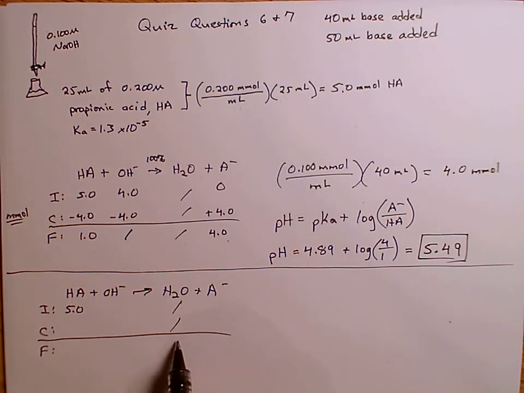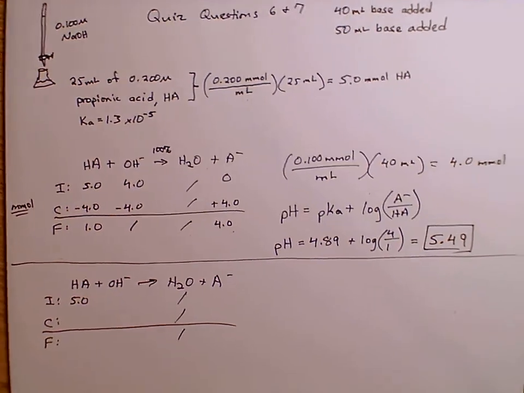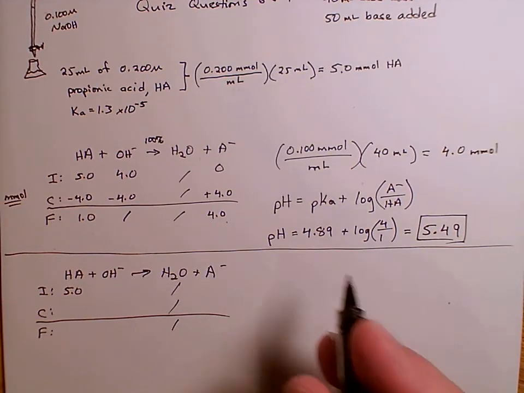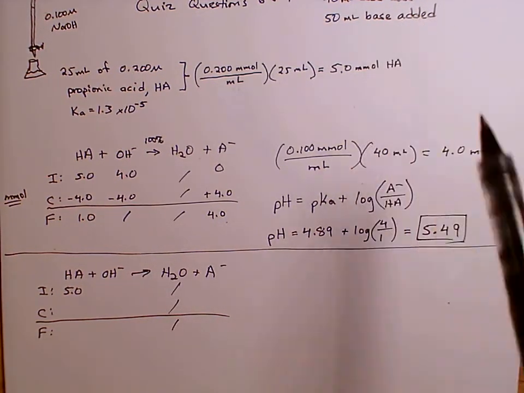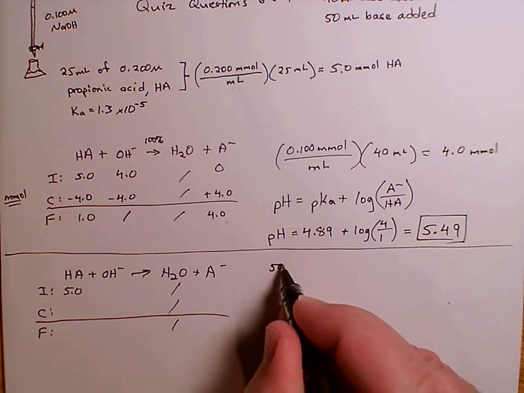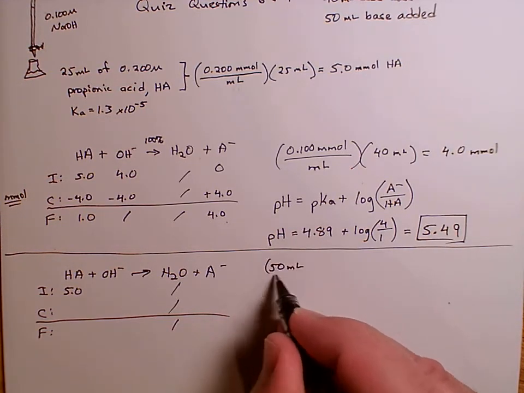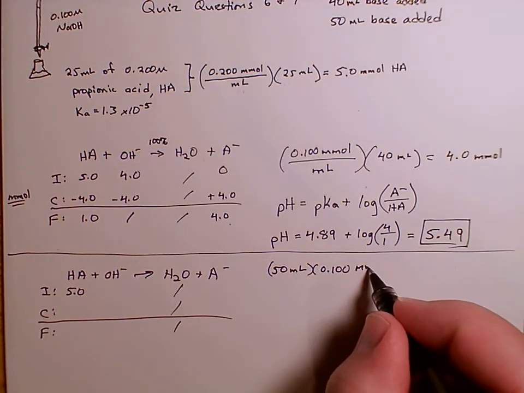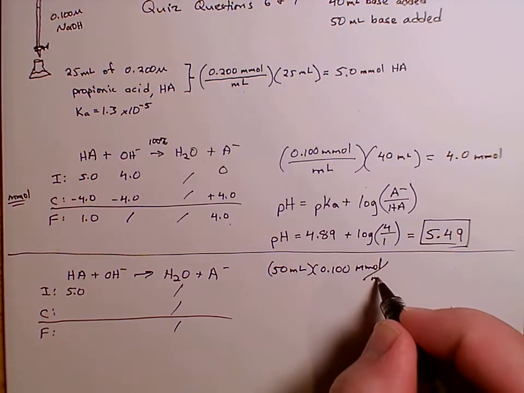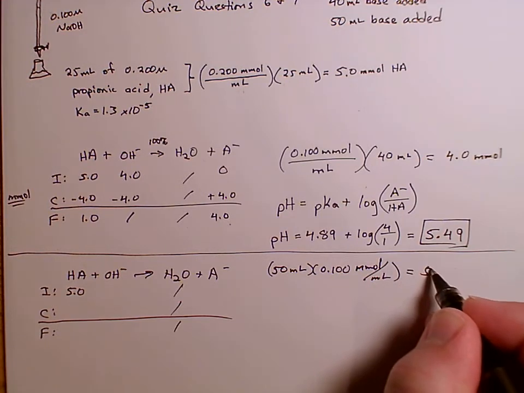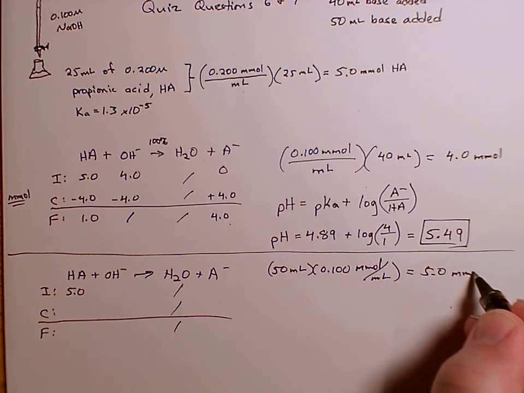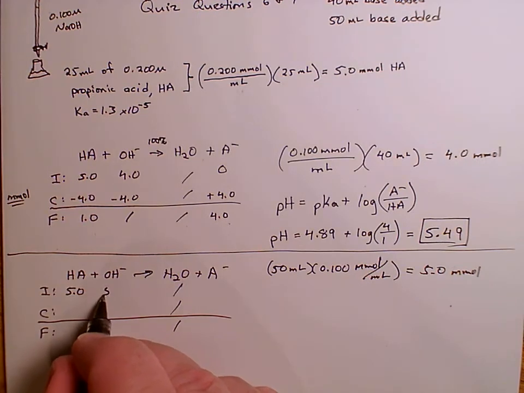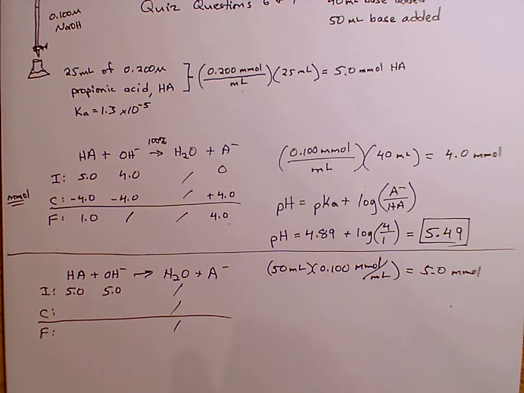I'm not going to worry about the water at all. And what else? Okay, I need how much base I added. Well, 50 milliliters times 0.100 millimoles per milliliter, milliliters cancel, is 5.0 millimoles. Okay, so that means my amount of base is also 5.0. I don't have any A minus to start with. Note, it's the same amount.